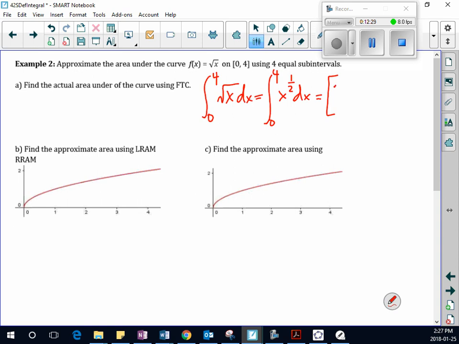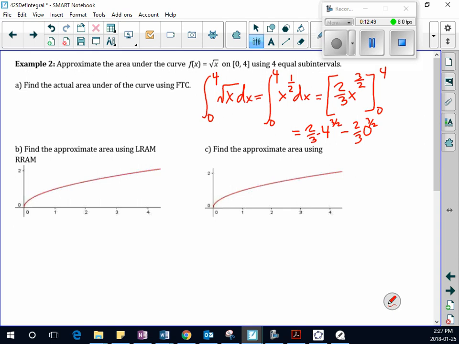So this would be 2 over 3 x to the power 3 over 2, yes? From 0 to 4. So this is 2/3 times 4 to the power 3 over 2, subtract 2/3, 0 to the power 3 over 2. So really it's just that.